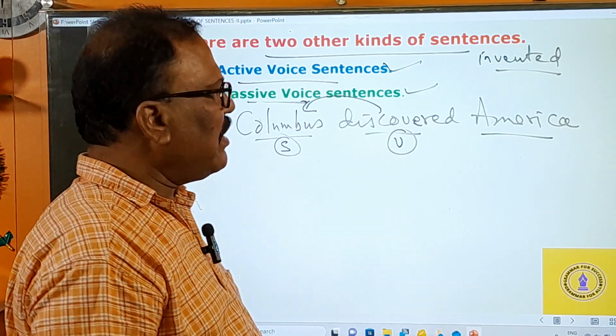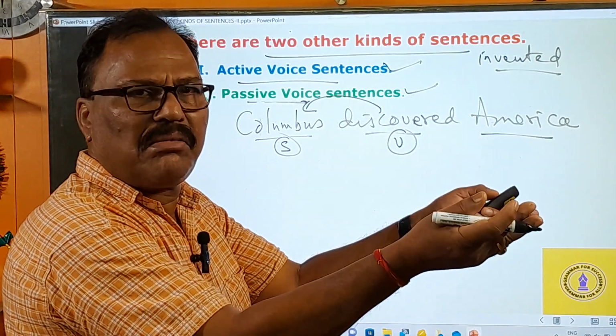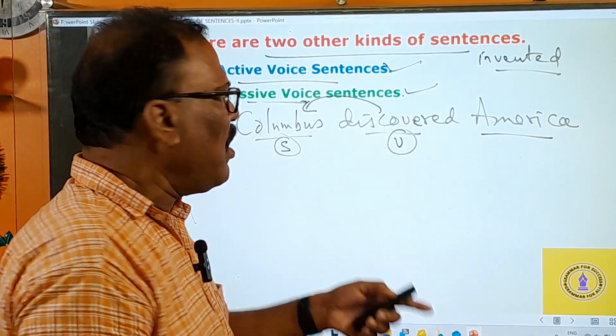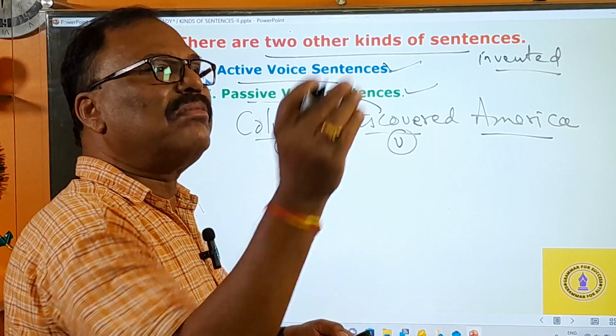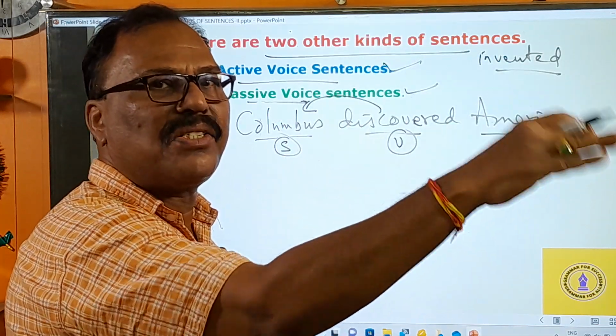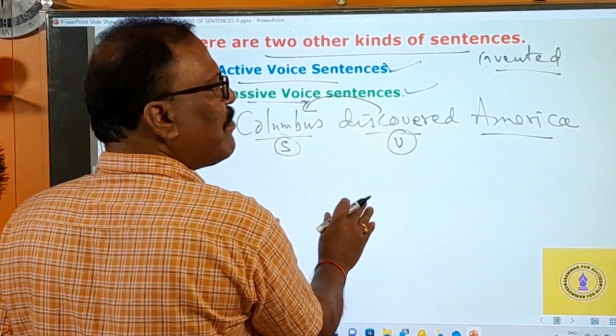J.L. Baird invented the TV. That was not there before. But discovered means finding out that which was already existing. Here, Columbus discovered America.